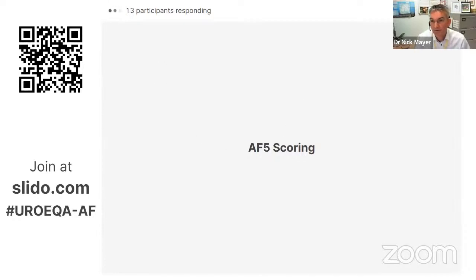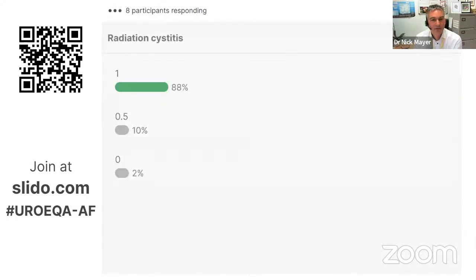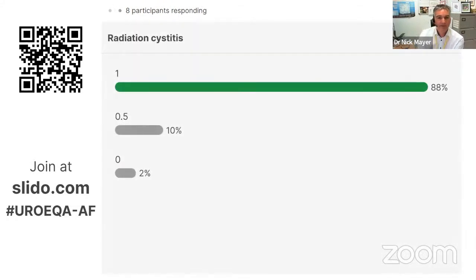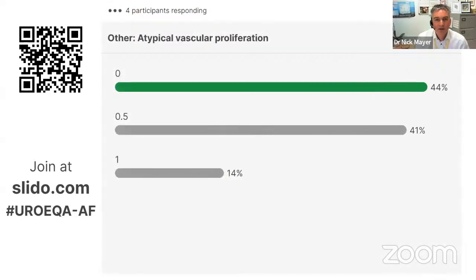Right. Let's see if we can get to 130. Okay. Right. So hemangioma gets 1. And hopefully radiation is going to get 1. Yeah. So let's see now. Angiosarcoma is 0. Intravascular papillary endothelial hyperplasia is 1. Atypical vascular proliferation is 0 just.